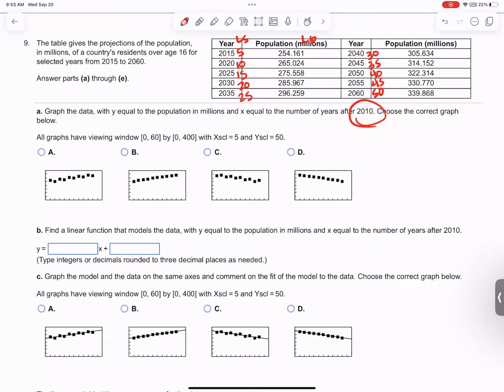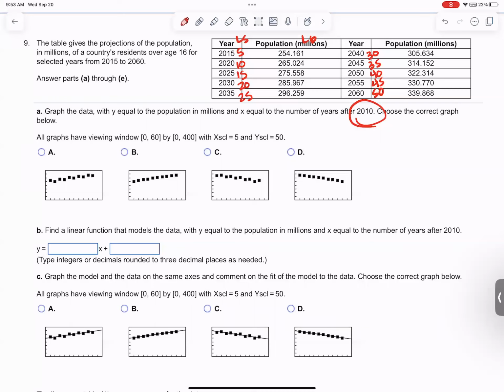I have to put a max in, 60. It's 0 to 60 with a scale of 5, and a Y minimum of 0 and a Y max of 400 with a scale of 50. All right, now let's graph it.